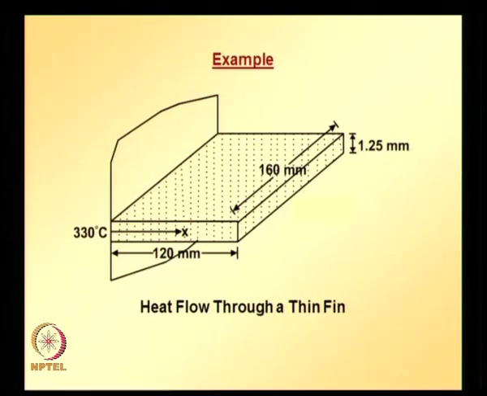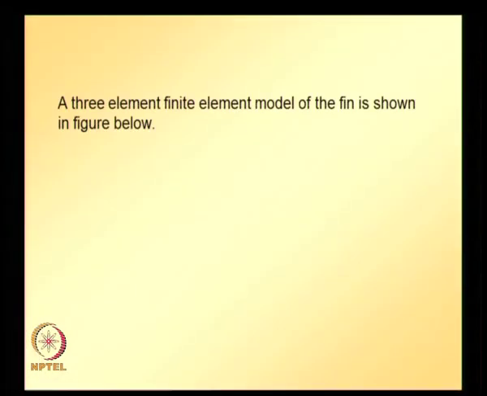With that understanding we will go back to the previous example and solve it, except that now we have the convection boundary condition, which is a natural boundary condition, specified at one of the ends. Let us take the same discretization.